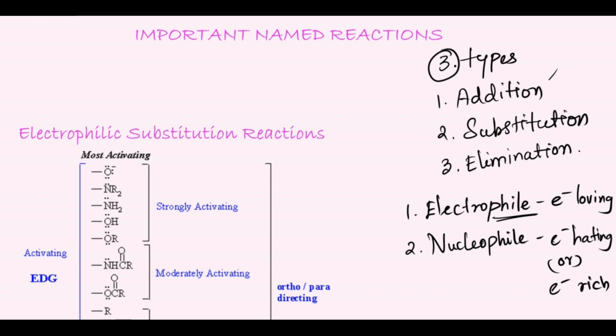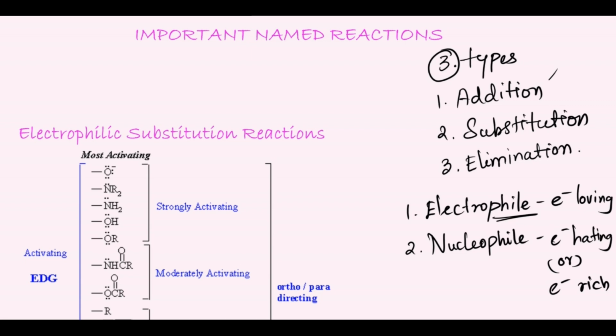So in these names you can see mechanisms like electrophilic addition, nucleophilic addition, electrophilic substitution reaction, and nucleophilic substitution reactions. Mostly you will encounter these types of reaction mechanisms in the entire 11th and 12th.